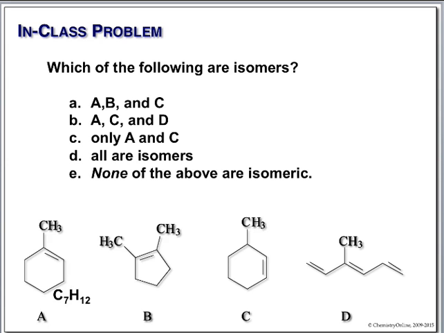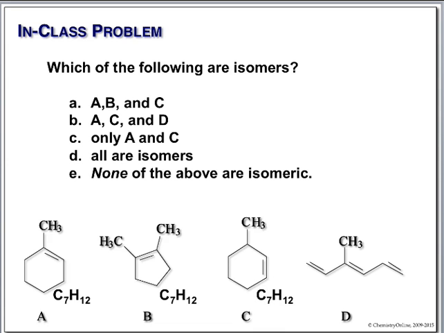Our next one is also 2 degrees of unsaturation. We have 5, 6, 7 carbons and 12 hydrogens. All we've done between A and C is move our double bond. That certainly isn't going to change the formula, is it? Therefore, this is also C7H12.